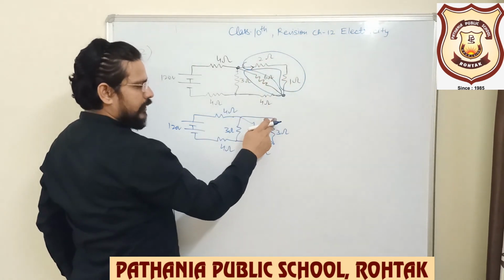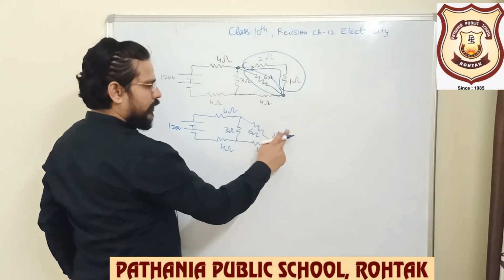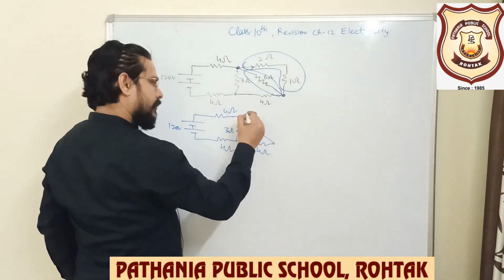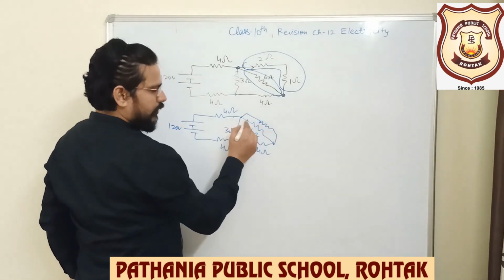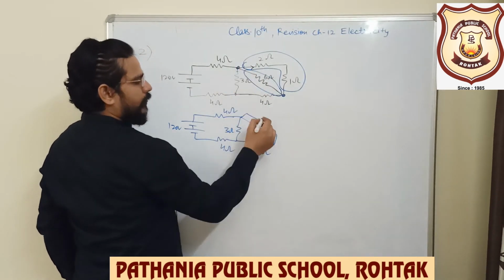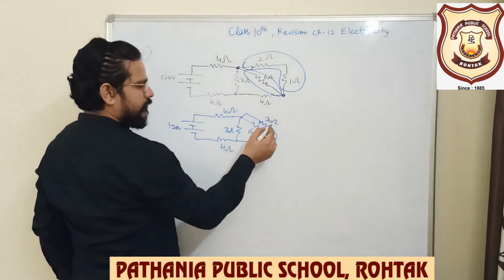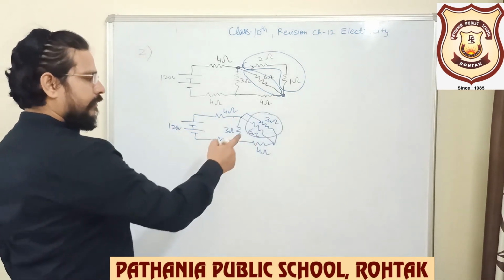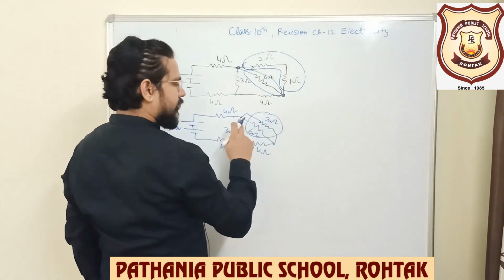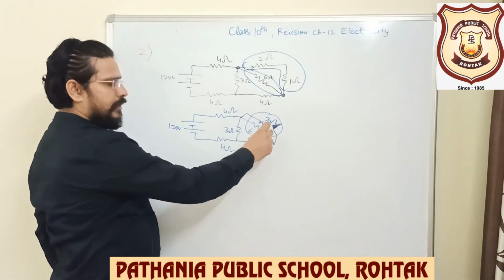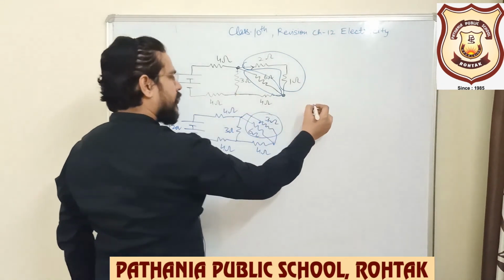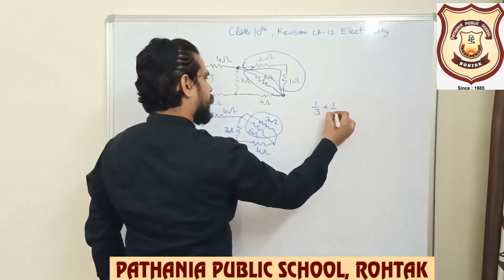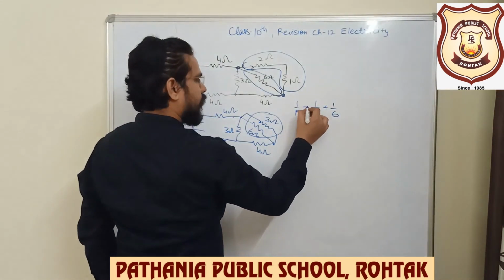Now you can see this 3, you can also draw it like this because it is connected between these 2 points only, 3 ohm, and it is very clear that the 3 and 6 are in parallel. If I replace this 3 and 6, two resistances in parallel, by a single value of their combination, I will not change the rest of the circuit.